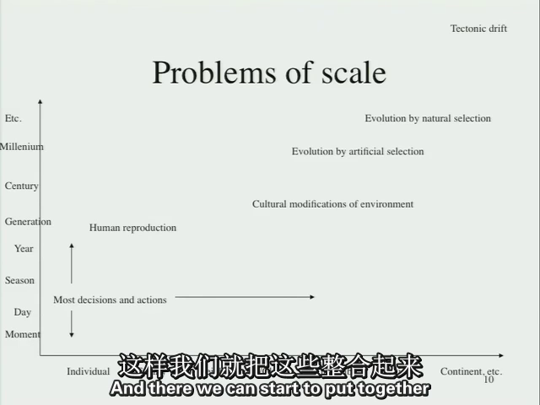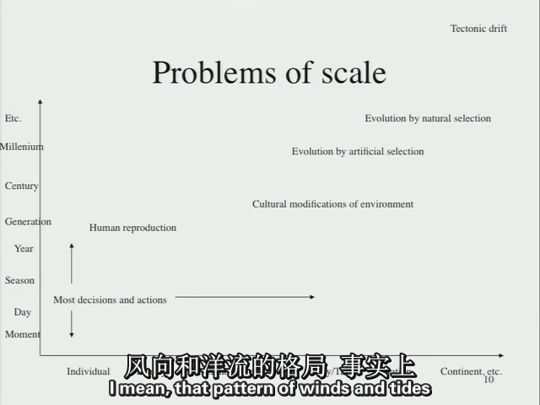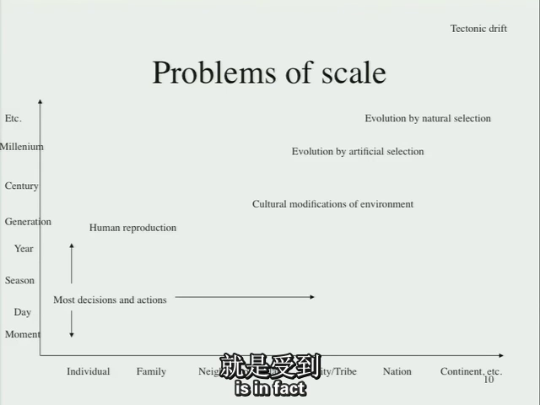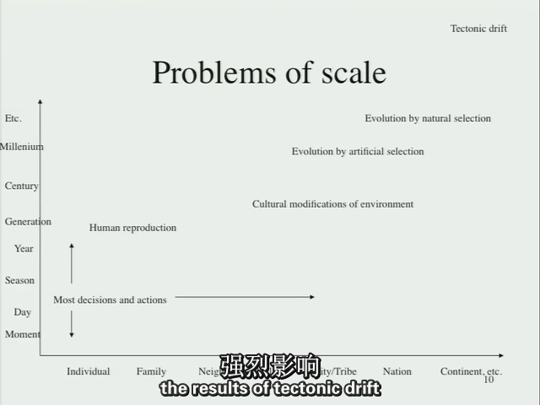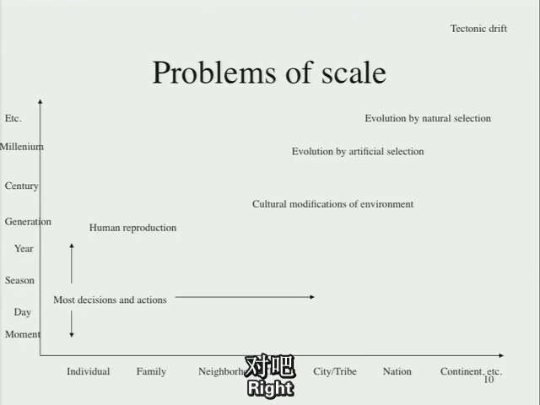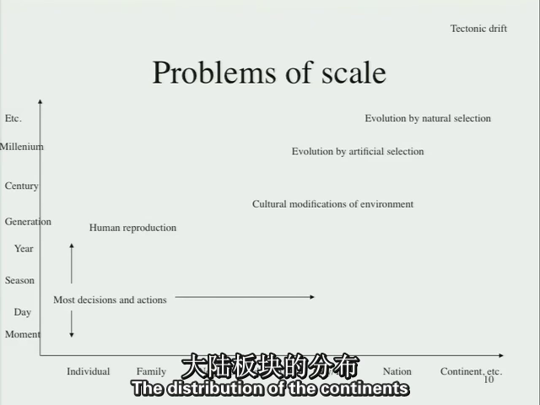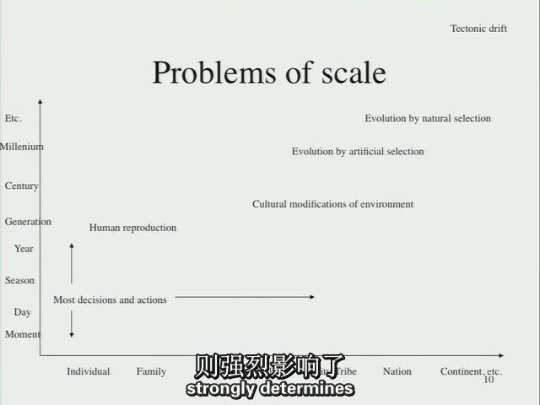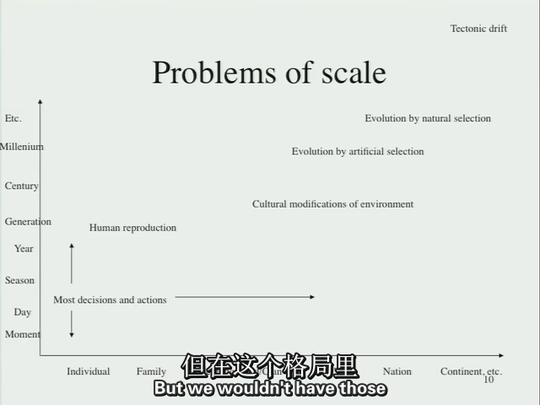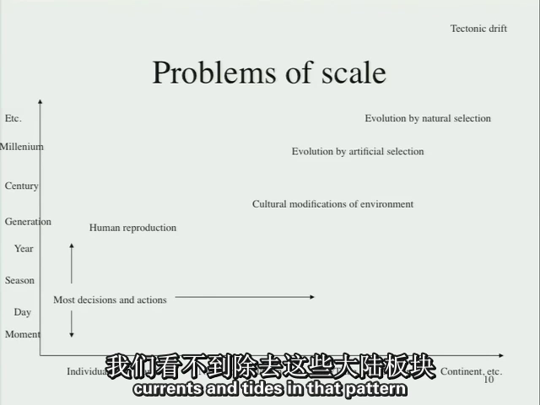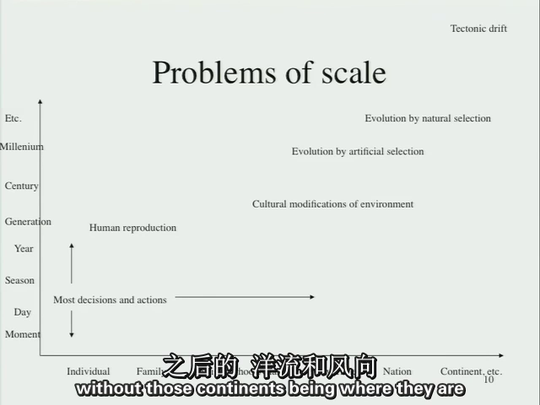And there we can start to put together, I mean, that pattern of winds and tides is, in fact, strongly affected by the results of tectonic drift. Right? The distribution of the continents strongly determines what the ocean does in between them. It's also determined by other things that are even larger scale, but we wouldn't have those currents and tides in that pattern without those continents being where they are.